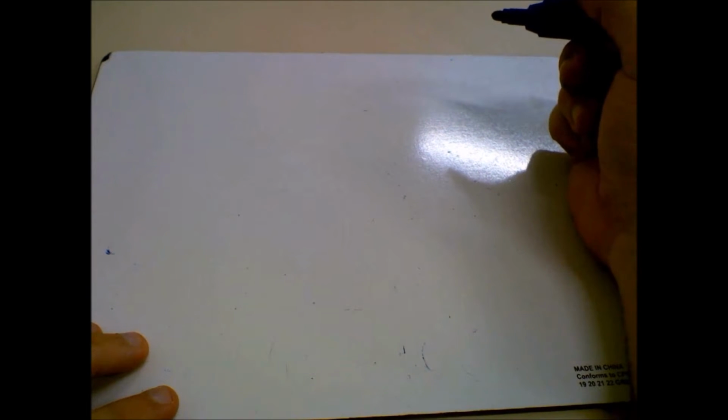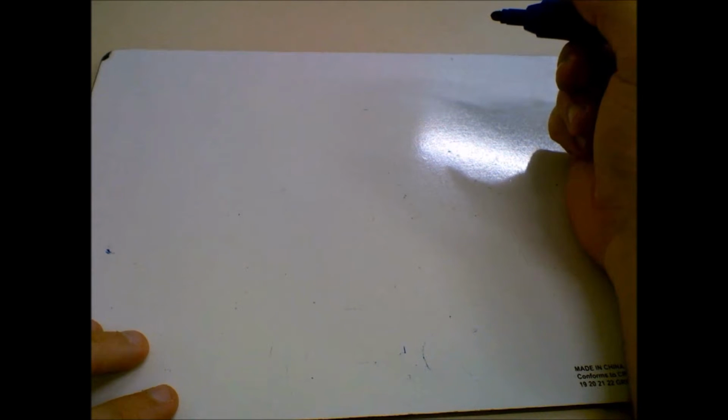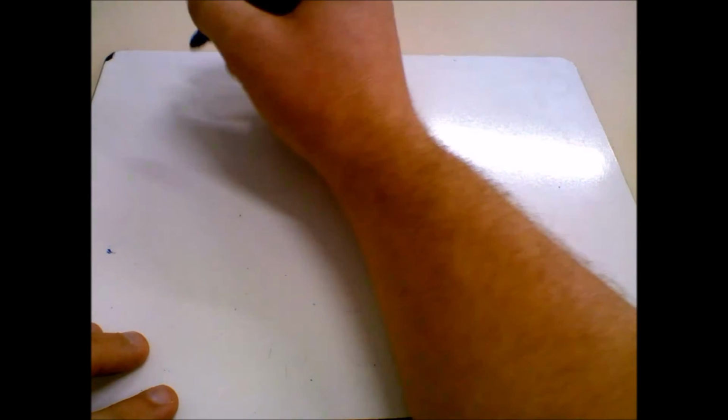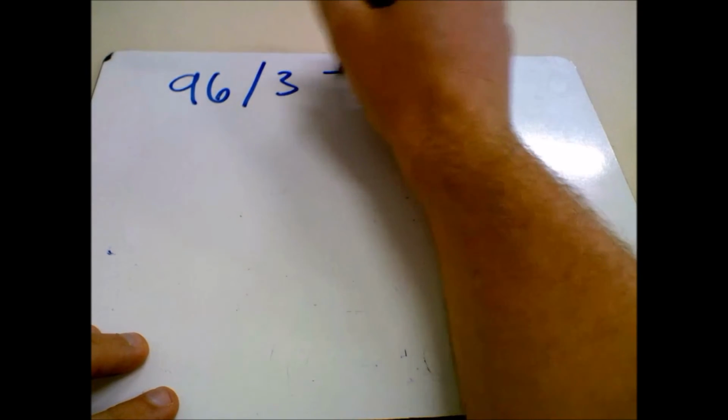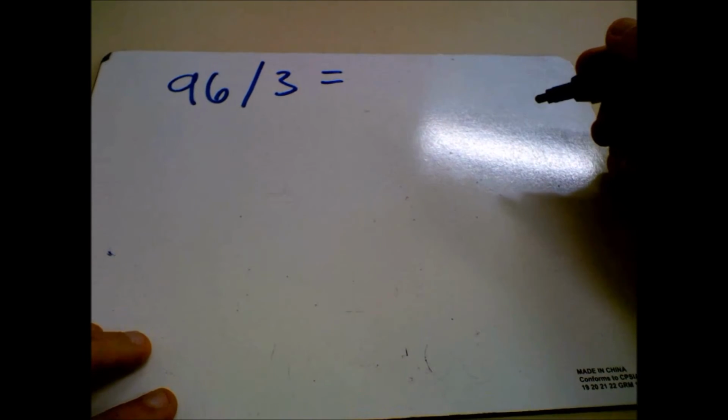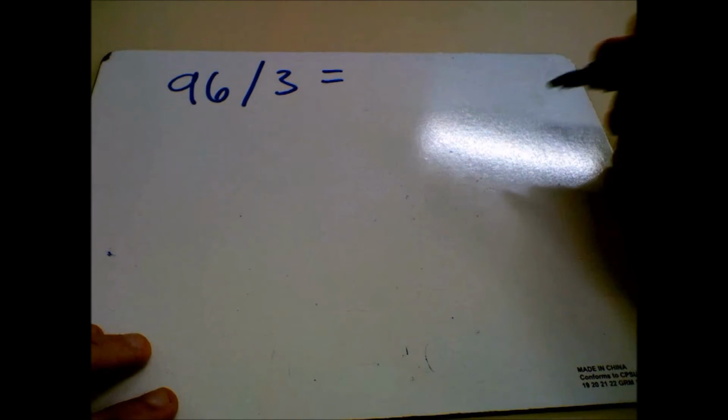Okay, the last thing we're going to talk about today is how we break larger numbers into friendly numbers. So we've got two ways to do it. The first one we're going to talk about is 96 divided by 3. Can you do this mentally without a calculator? Here's what I would do.